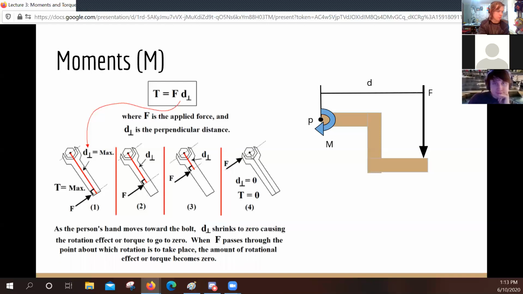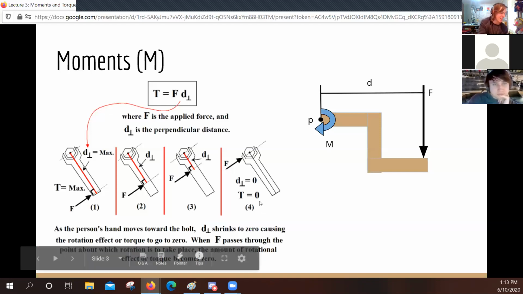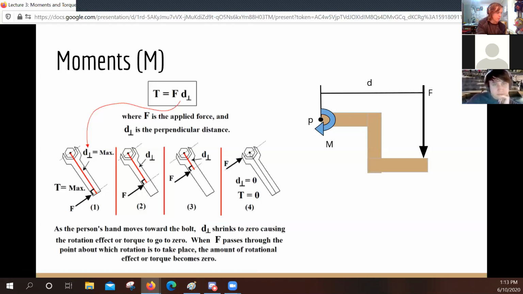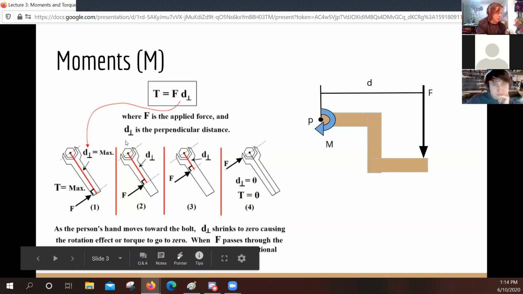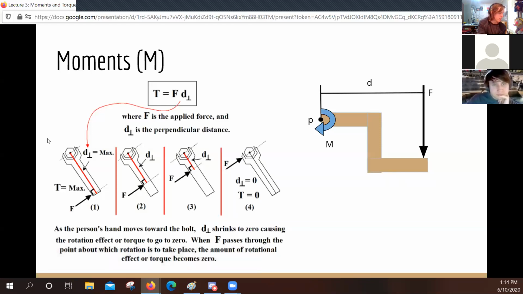And if you go straight onto the pivot, like if you have a wrench on a bolt and you just grab the bolt and push forward, it's not going to twist. It's just going to stay in its hole because it's a bolt. So if you ever apply a force directly onto the pivot, the moment is going to be 0, which will be important when we start doing equations of equilibrium. What that says at the bottom there is, if distance d decreases, then torque will also decrease. And if it ever reaches the pivot, it will become 0.